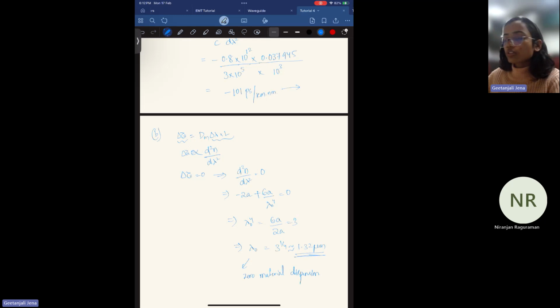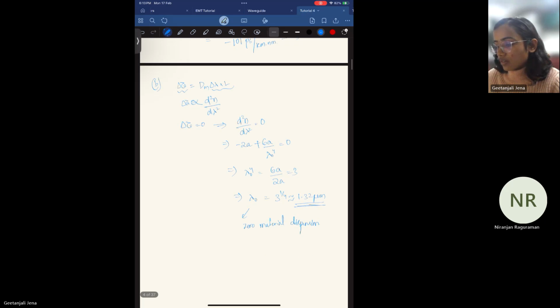That means all the different wavelengths. Whenever we are feeding a source inside the fiber, it is not propagating through a single wavelength. There is a spreading, due to the Heisenberg principle. Because of the spreading, we will see delta lambda.